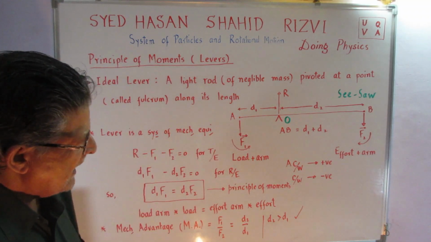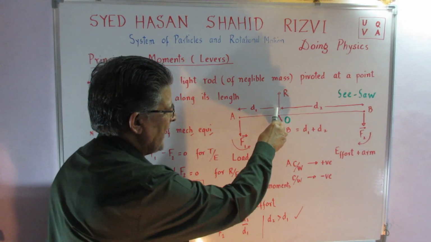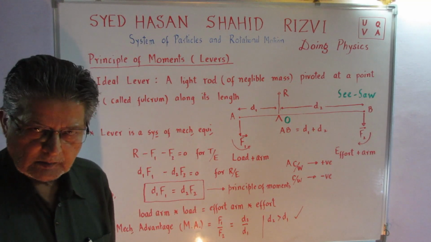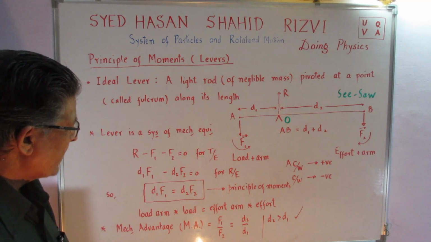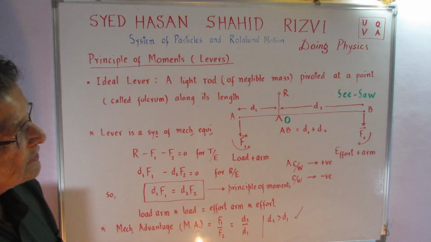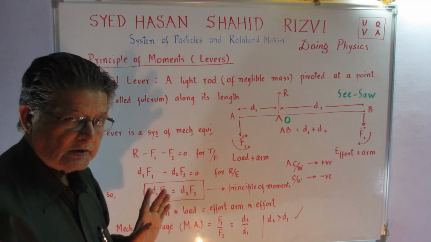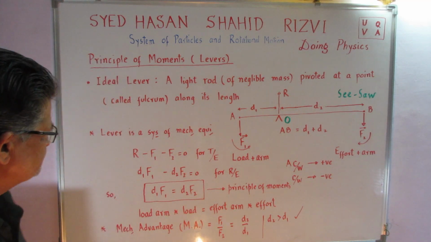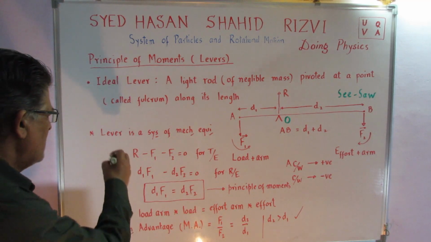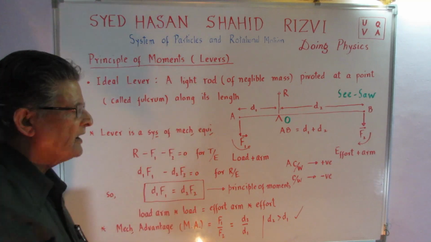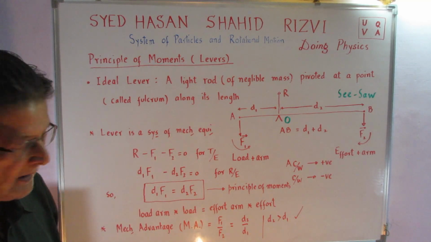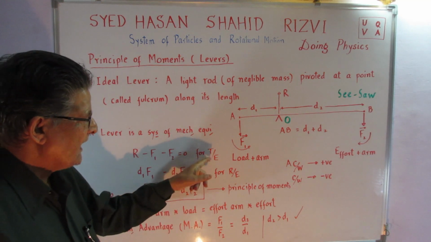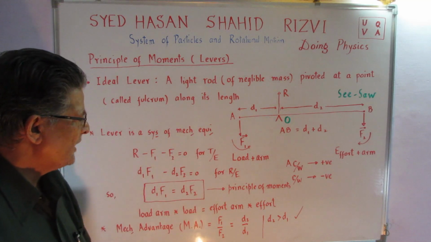But there at the fulcrum there is a reaction force, which I have shown as R. If we take all these forces into account, then even translational equilibrium exists, along with the rotational equilibrium. Lever is a system of mechanical equilibrium, which comprises both the translatory equilibrium and the rotational equilibrium.